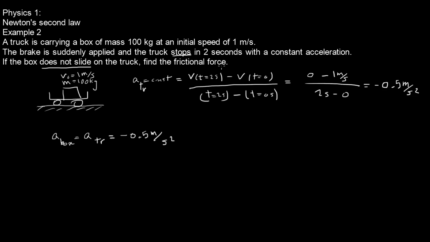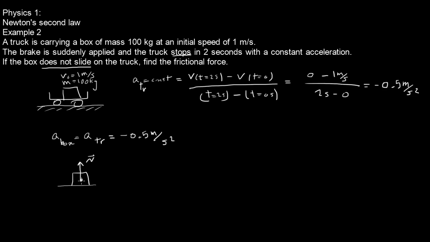Find the frictional force. So let's say this is the surface of the truck. Here is the box, and I'm going to draw every single force that is applied to the box. One force is from the surface of the truck toward up, so it is called normal force.